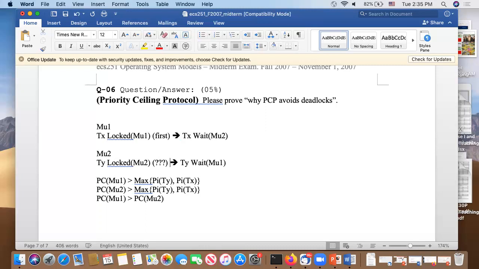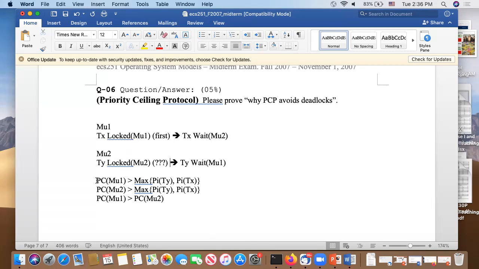You cannot lock this one because, if this one gets locked, right now MU1 is locked, and I know the PC value of MU1 is greater than the priorities of TY and TX. So you're TY, and your priority cannot be bigger than PC of MU1, because you tried to lock MU2.